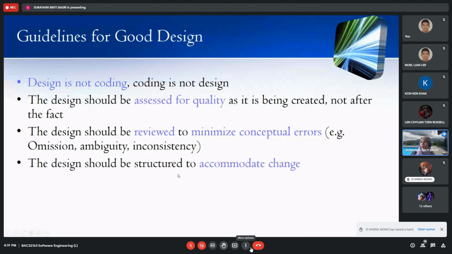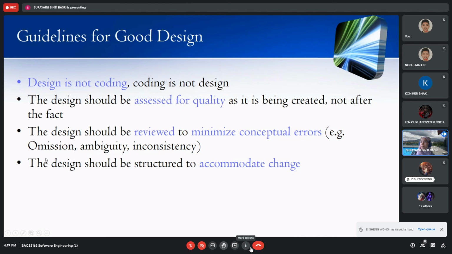Okay, so after that, the fourth guideline is the design should be structured to accommodate change. Meaning to say that you have to implement a loosely coupled, good design that we have learned previously, the four metrics, because when you implement that, it can support and accommodate any change in the future.